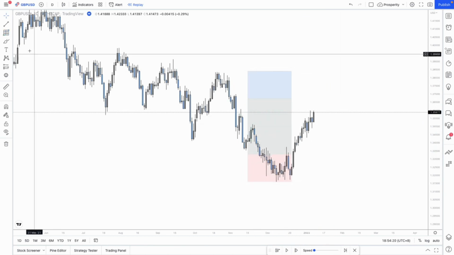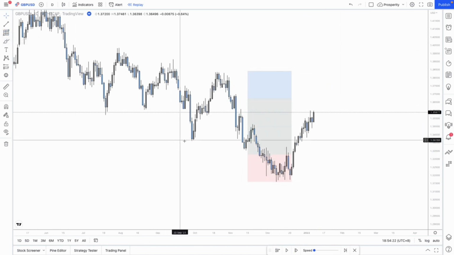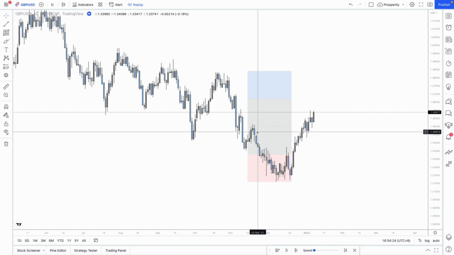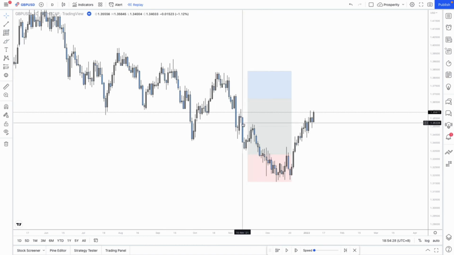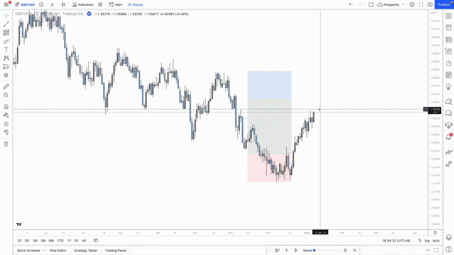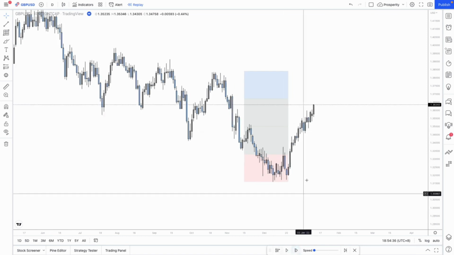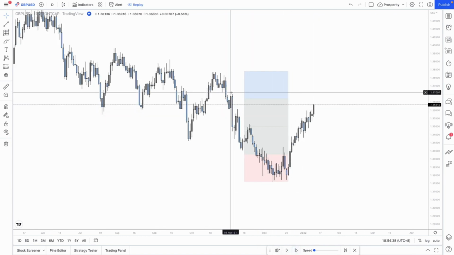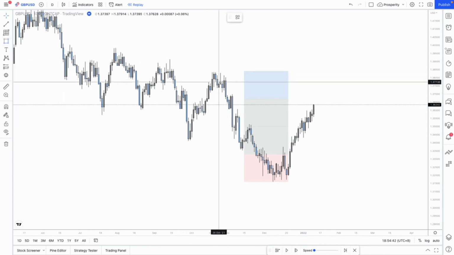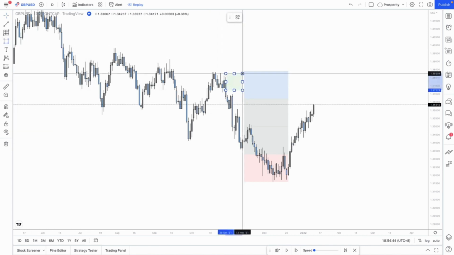Okay, so we have a level of inefficiency imbalance right here, but it's in discount pricing. We have a level here that is in premium pricing, which has yet to be broken, but will be broken. And then this level has been mitigated. And then finally, we have the edge of the leg, which is better because it's actually in premium pricing.